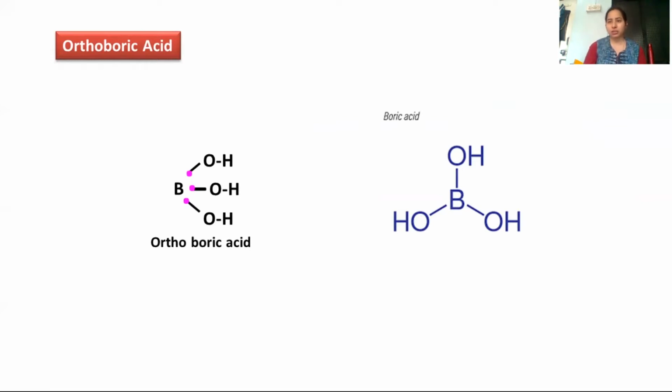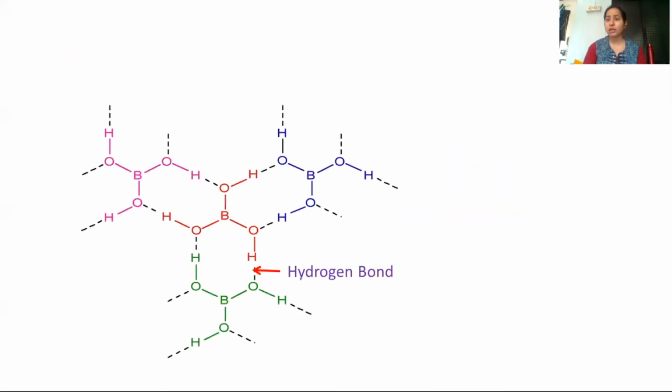Looking at the structure of solid orthoboric acid, if I talk about this red structure, you can see boron OH, boron OH, boron OH. We have H3BO3 here, and this H3BO3 is linked to another molecule with the help of these dotted bonds.